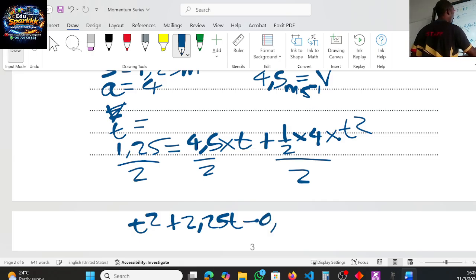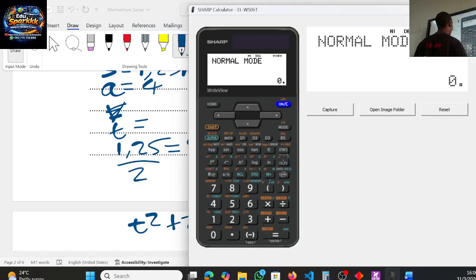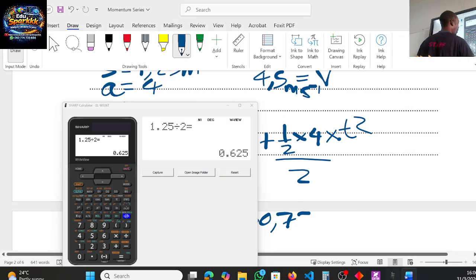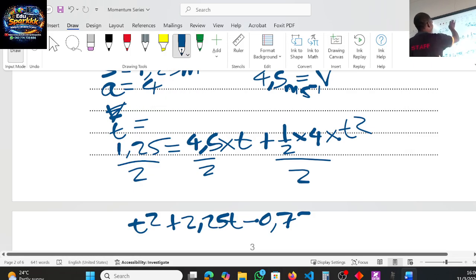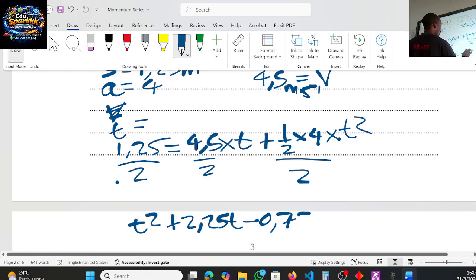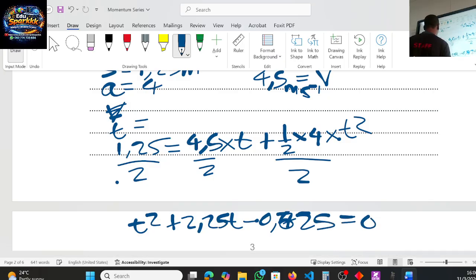minus 1.25 divided by 2, which is 0.625, equal to 0.